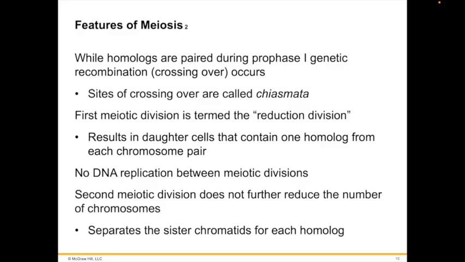The second meiotic division does not further reduce the number of chromosomes. It will merely separate the sister chromatids for each homolog. The most obvious distinction between meiosis and mitosis is the simple observation that meiosis involves two successive divisions with no replication of genetic material between them. One way to view this is that DNA replication must be suppressed between the two meiotic divisions.